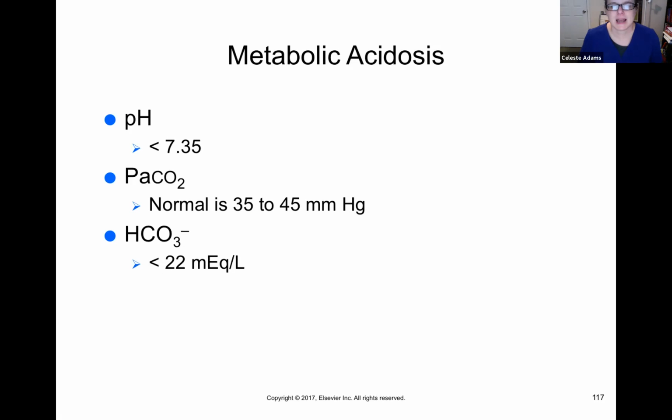So in metabolic acidosis, your pH is going to be less than 7.35, so you're on the acidic side. You say acidosis because your pH is less than 7.35. Your PCO2 is normal because your lungs are kicking in to help.